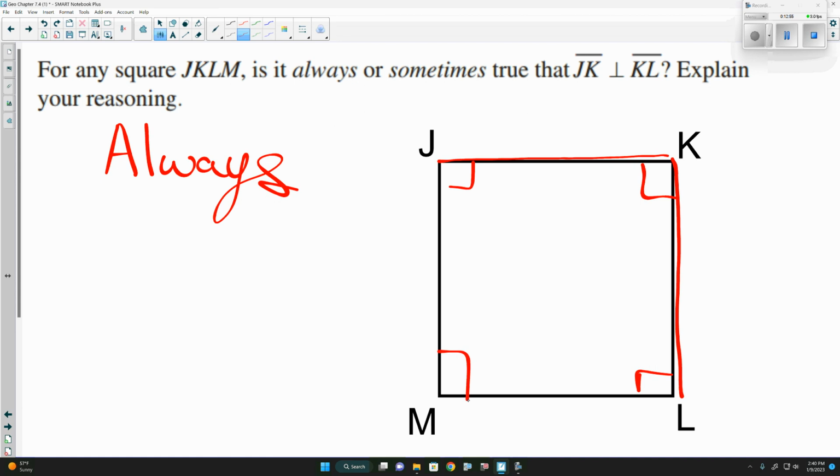So it ends up being all four sets of sides are perpendicular to each other, respectively. We just can't say that JM and KL are perpendicular, because the opposite sides are parallel. Any other questions on this here?